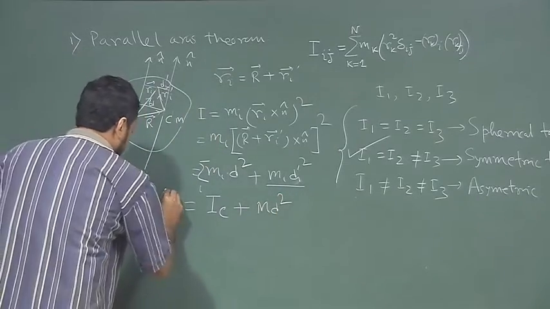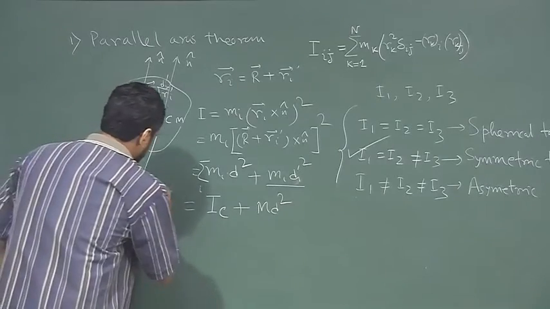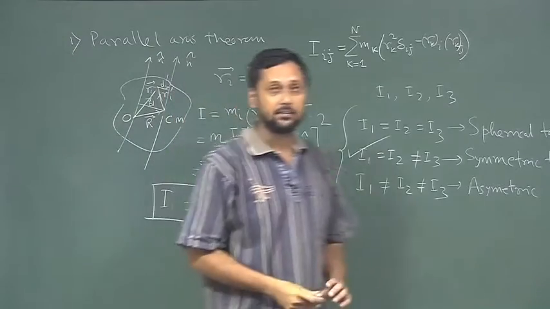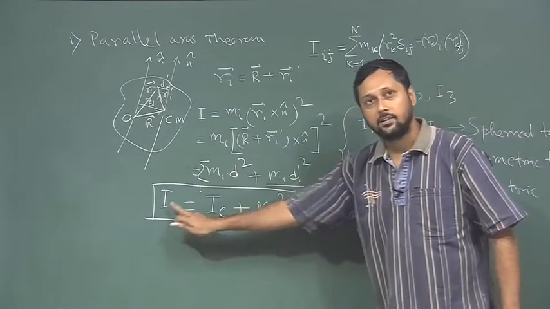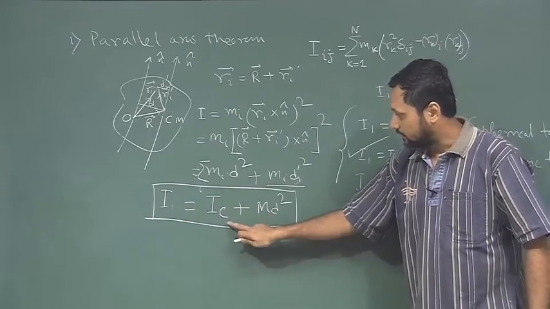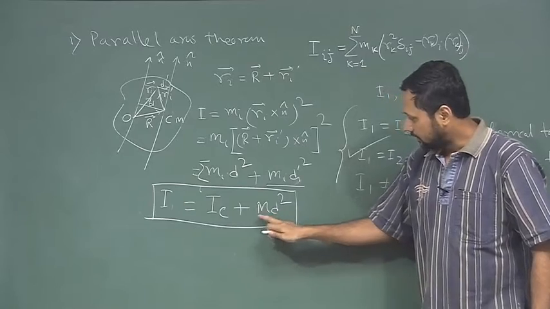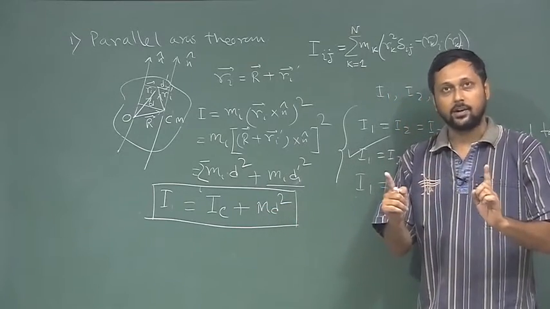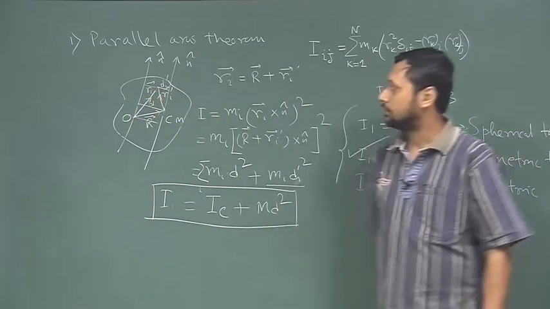So, that gives us the so called parallel axis theorem, which says the moment of inertia about any arbitrary axis is a combination of the moment of inertia measured through an axis which is parallel to that axis, but going through center of mass, plus the mass times distance square between these two sets of axes, basically the perpendicular distance between these two axes, right.